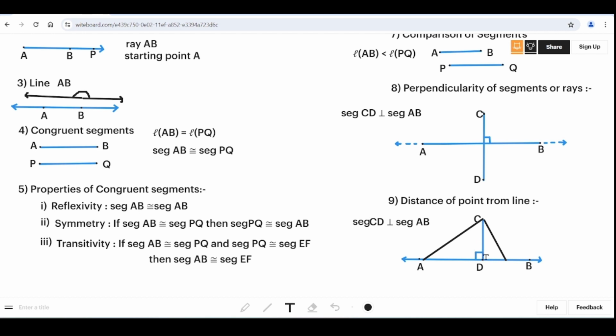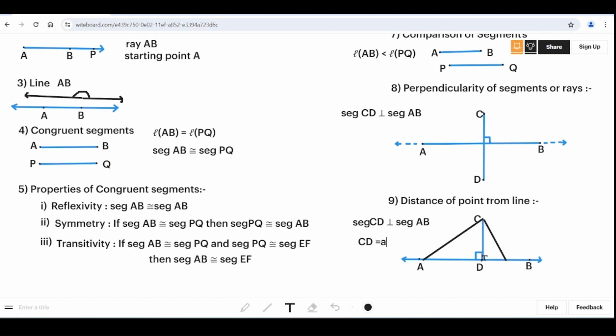Then we have to calculate the distance. Now if we consider the distance to be A, then we can say that CD is equal to A. It means the distance of the point C from the line AB is A. And here D is called the foot of the perpendicular.